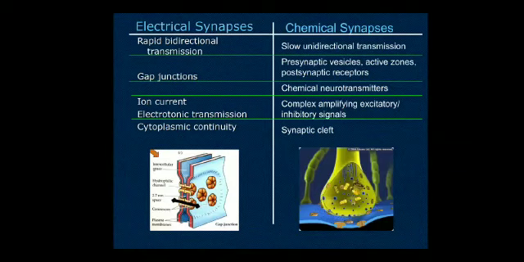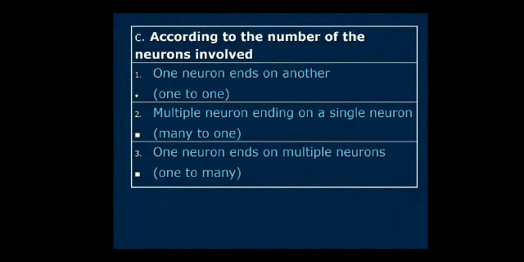Here there will be ion current, that is, ions can easily move into the other cells. But here it is complex, amplifying excitatory or inhibitory signals. So these are some of the differences between electrical synapse and chemical synapse.